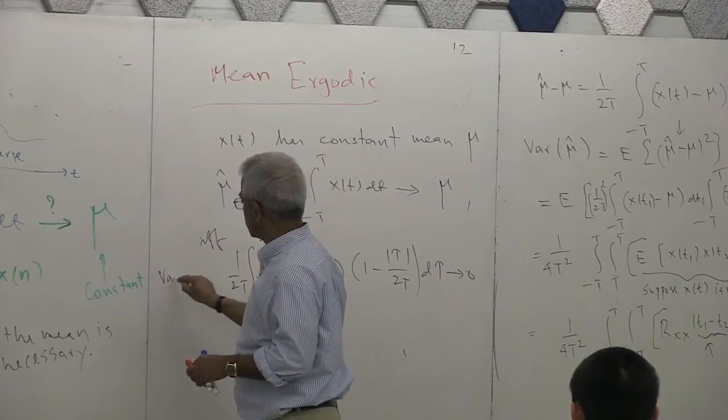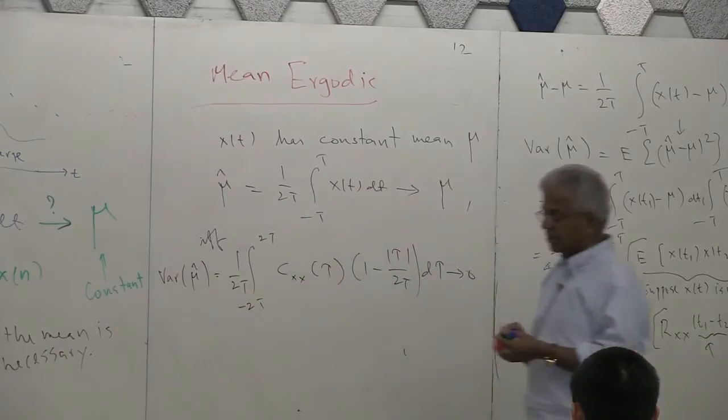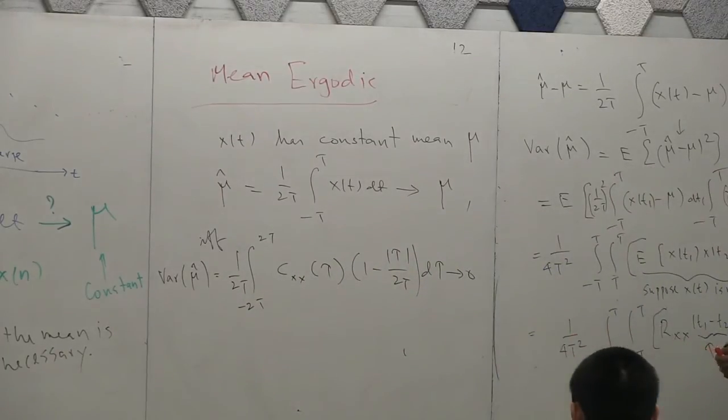This is the variance of mu hat. This is of course under the additional assumption that the process is also Wide-Sense Stationary.